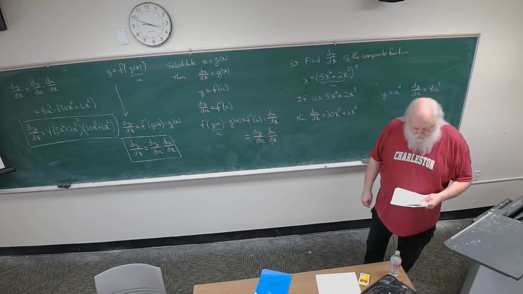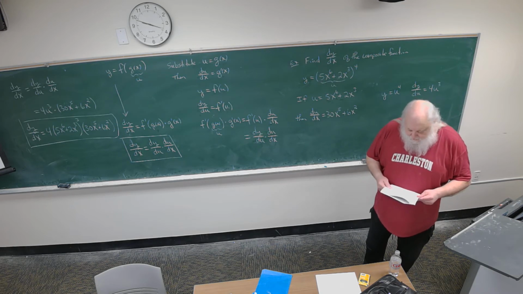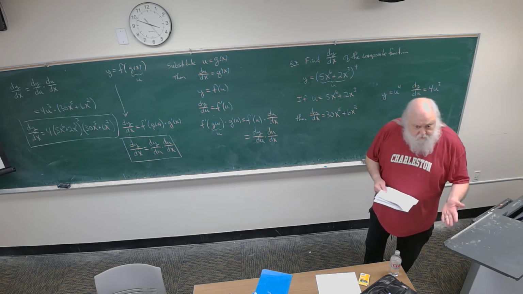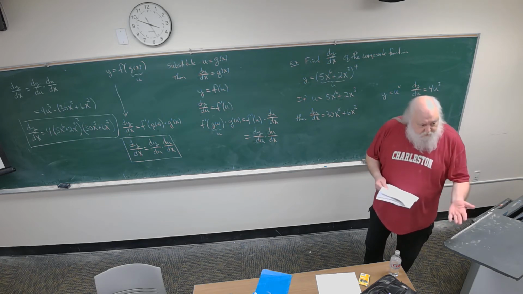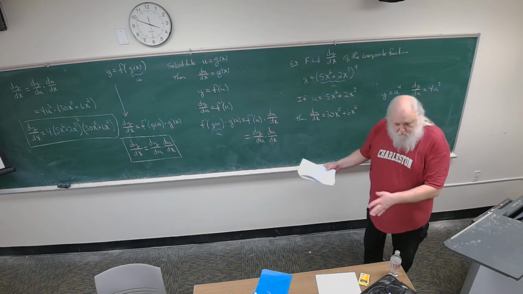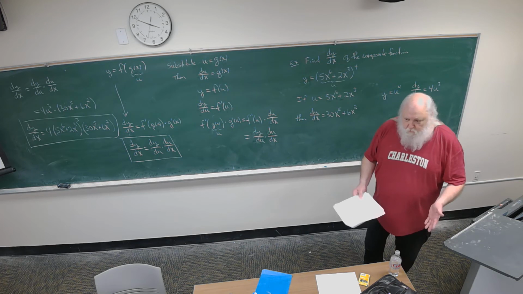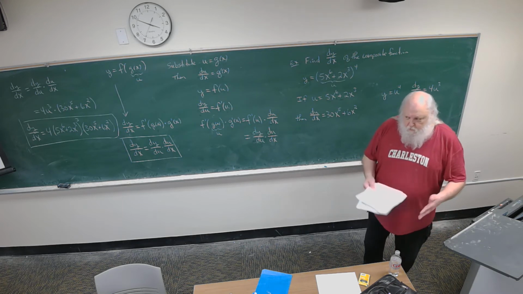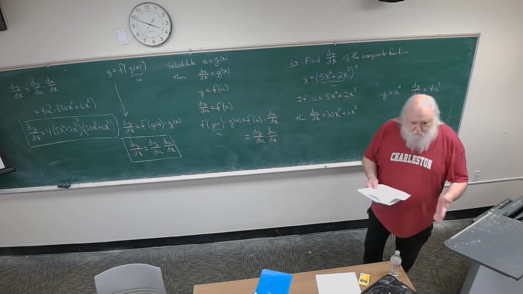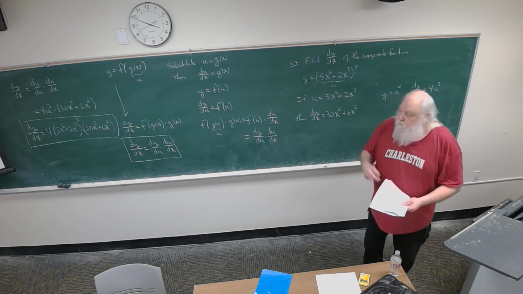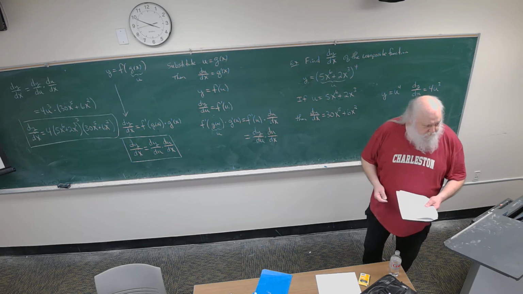At the end of the day, just like we had the limit laws, we know the limit laws, but we don't actually write them out when we're finding the limits. And in sections 3.1, 3.2, and 3.3, we learned rules of differentiation. We know what they are, but we don't actually write them out when we're differentiating. Sort of the same thing with the chain rule.